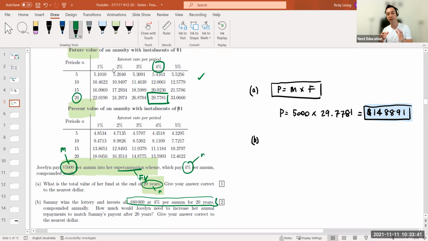So firstly, let's work out how much Sammy has at the end of 20 years. We compare it to that and then see how much extra we need. Either way, let's see. For Sammy, he's got 80,000.